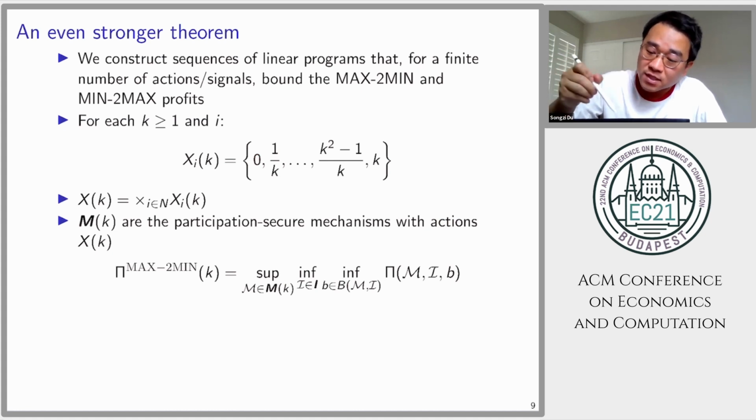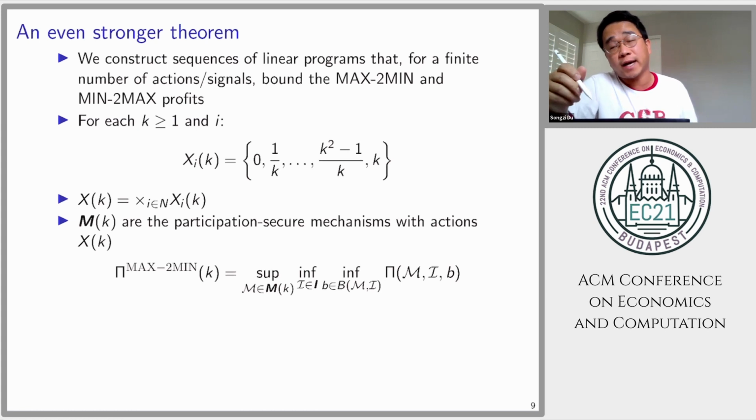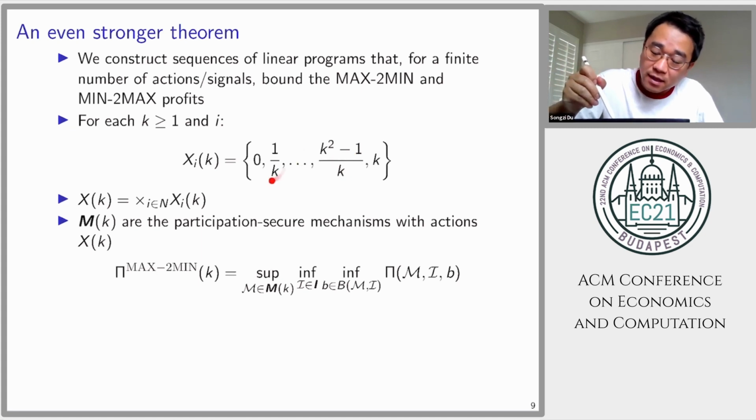The only difference this imposes here in this MK, where the actions are XK, is that we just have 2K plus 1, well, actually K square number of actions for each bidder. But the label of these actions so far has no meaning, because the meaning of the actions is determined by the equilibrium.